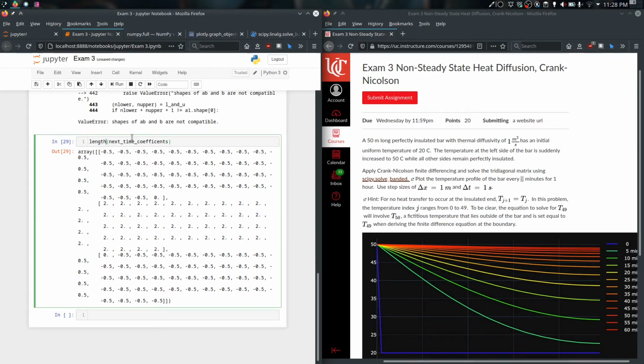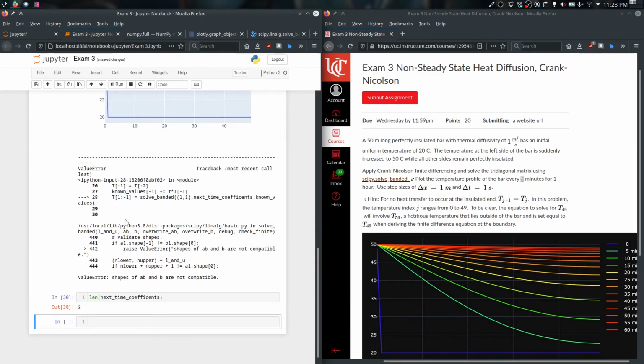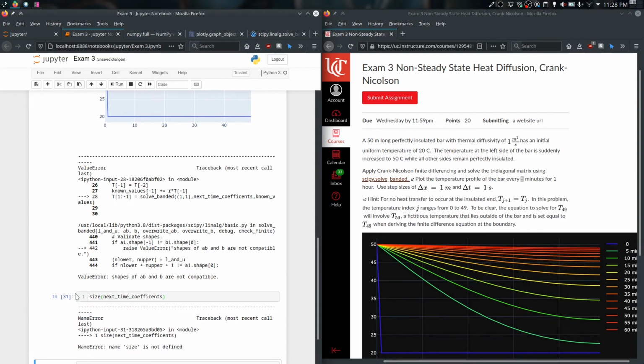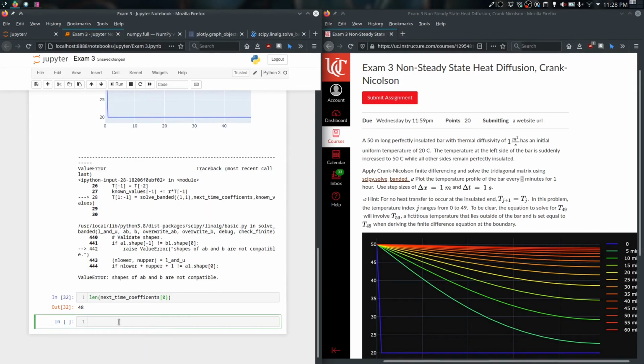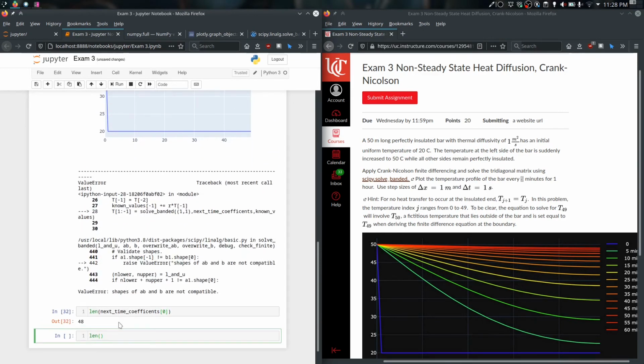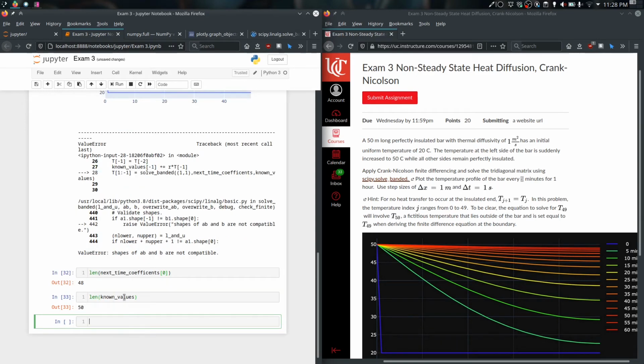This is Python, it's like len, isn't it? Okay. Oh, what size? Alright. Well, we can do this instead. 48. There we go. And the length of our known values, 50.